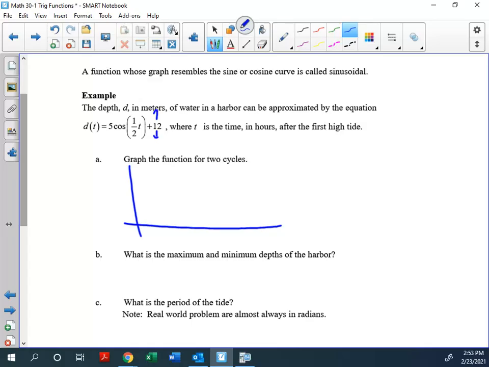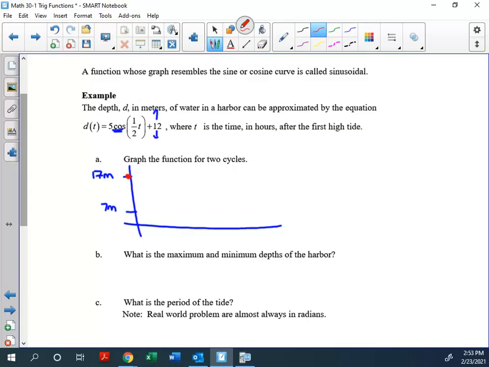So I can see that 12 minus 5 will give me a minimum of 7 meters, and 12 plus 5 will give me a maximum of 17 meters. This is the cosine graph. It has no phase shift, so at the very least, I know I'm starting at 17 meters because it's positive cosine. How has my logic gone for you guys so far?